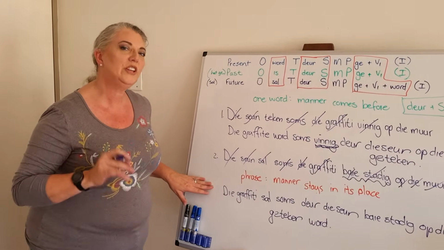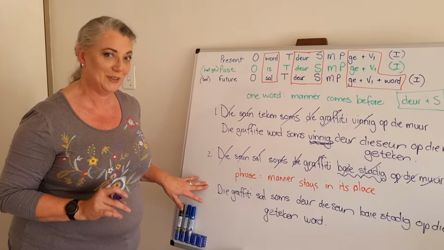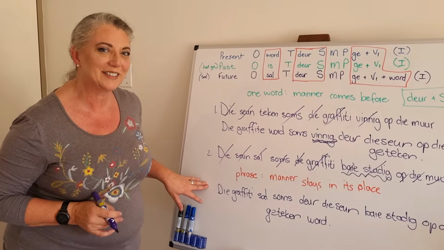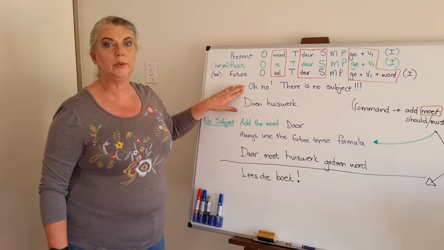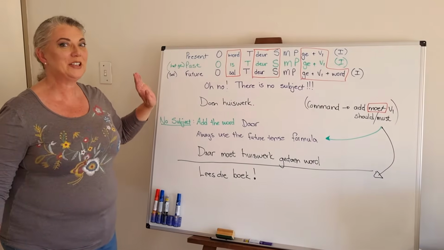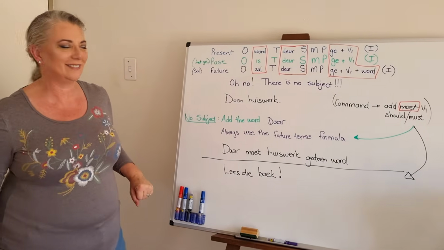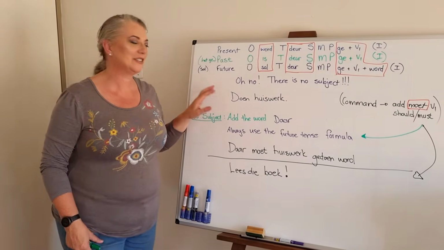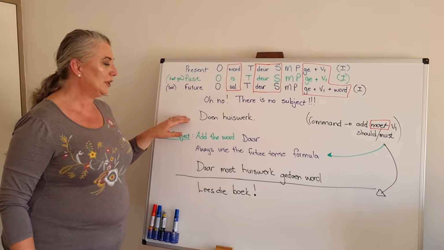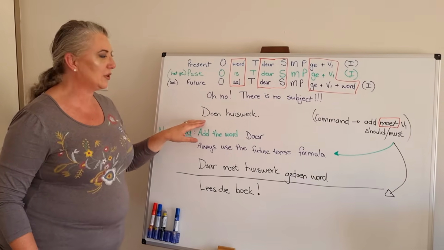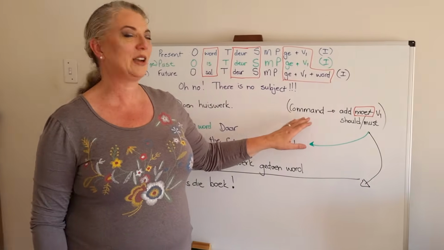Now, what do we do when there is no subject? Oh no! There's no subject. What do we do then? Let's have a look at the sentence. Doen huiswerk. Normally when we have a sentence that starts with a verb, that is a command.